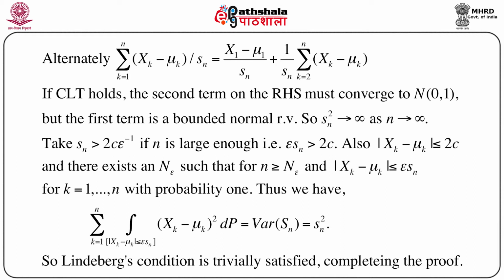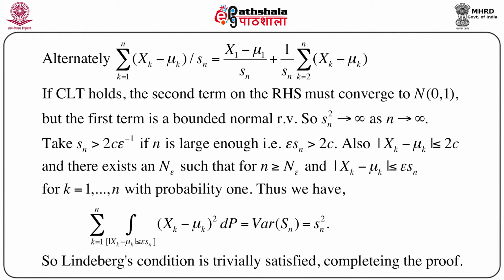So since Sn square goes to infinity, we just take Sn to be arbitrarily large, that means Sn greater than 2c by epsilon if n is large enough, that is epsilon Sn greater than 2c. Also, modulus of Xk minus mu k is less than or equal to 2c, because we have assumed the boundedness of the random variable. So there exists an N epsilon such that for small n greater than or equal to capital N epsilon, modulus of Xk minus mu k is less than or equal to epsilon Sn for k equals 1 up to n with probability 1.